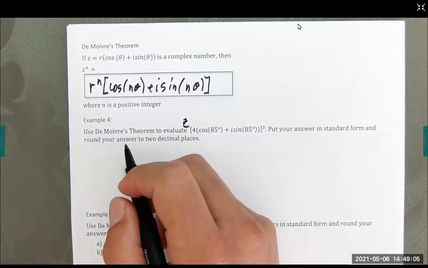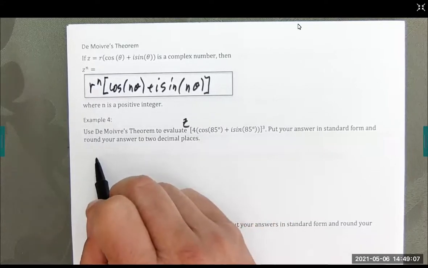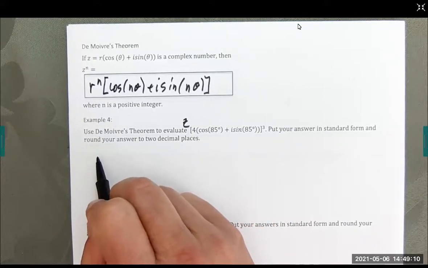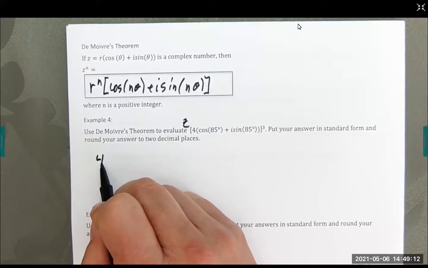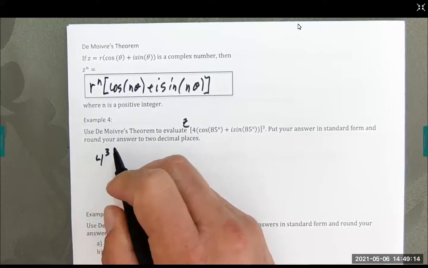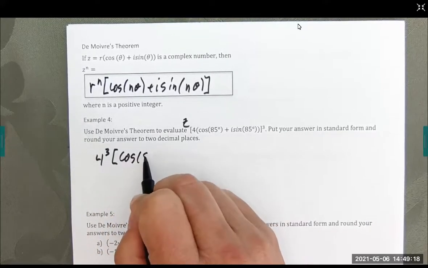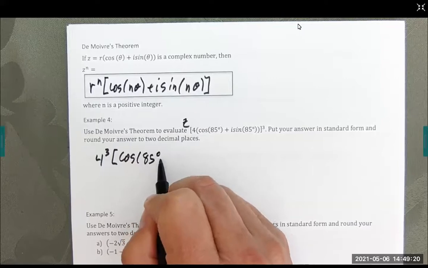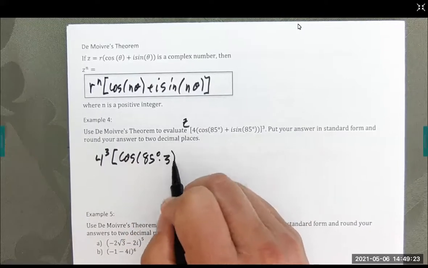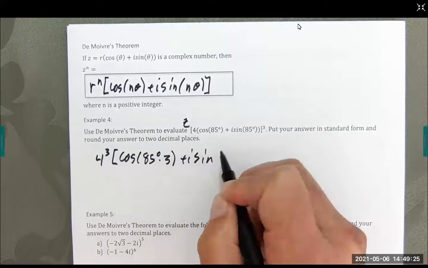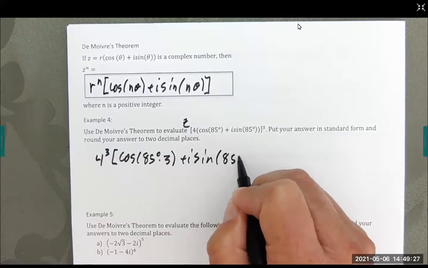So very nicely, very quickly, our z to the third power becomes 4 to the third power times the cosine of 85 degrees times 3 plus i sine of 85 degrees times 3.